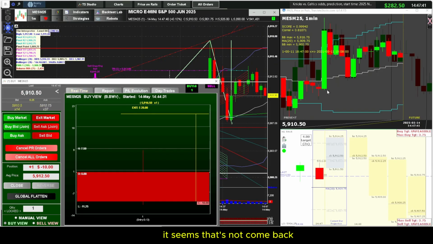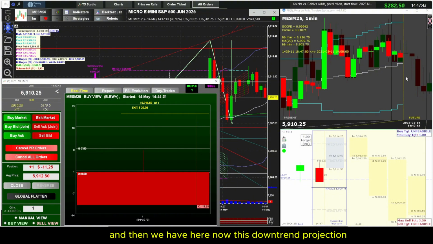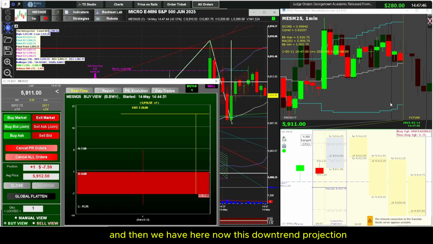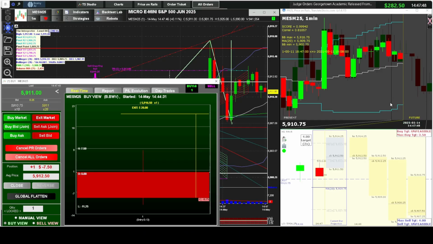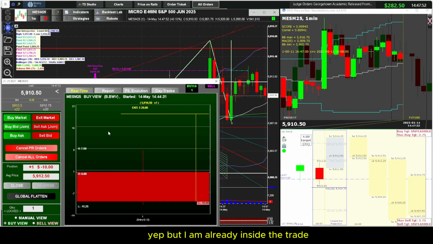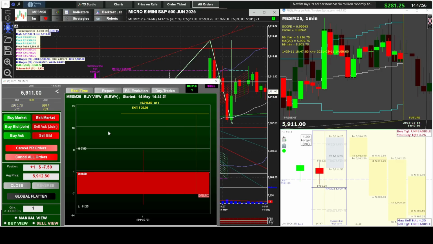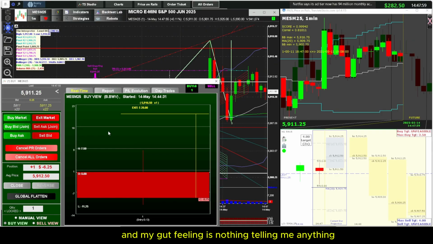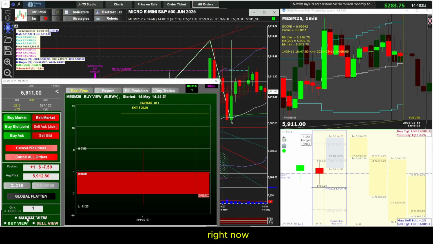And then we have this downtrend projection. Yep. But I am already inside the trade, and my gut feeling is not telling me anything right now.